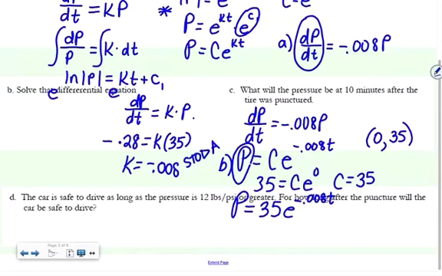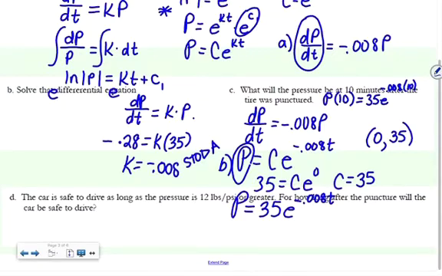So part C says, what will the pressure be at 10 minutes after the tire was punctured? So what are we going to put in for part C? Where's 10 going to go? In for t. And we're going to do this on our calculator. 35 e to the negative 0.008. I'm going to pretend that negative 0.008 was messy. Where did I store it?